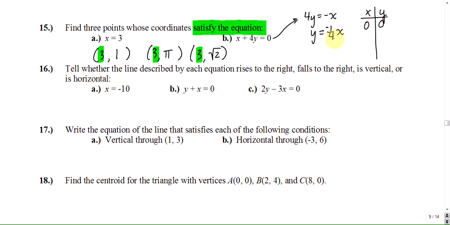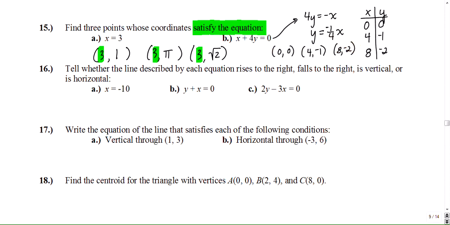I'm going to pick things that kind of work nice, like plugging in 4 for x is pretty easy, because 4 times negative 1/4 is negative 1. And then I might pick 8. I can pick anything I want, and that gives me negative 2. So my possible answers of the many answers are these 3 points.